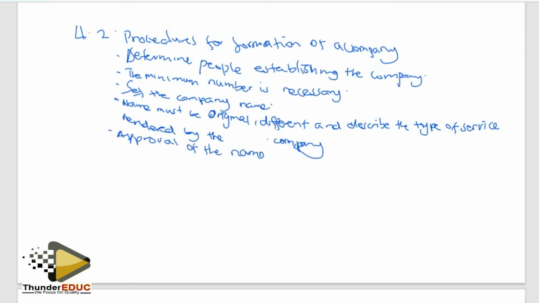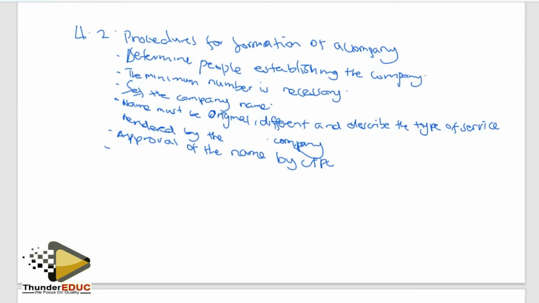The name must be approved by the CIPC and gazetted so that nobody can establish another business of the same type with the same name.